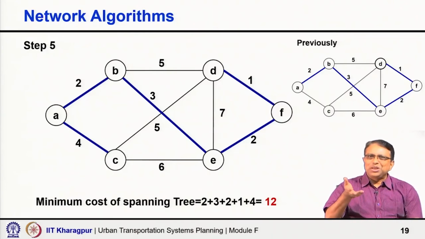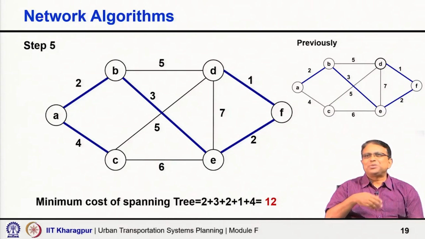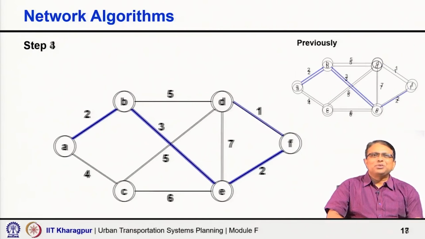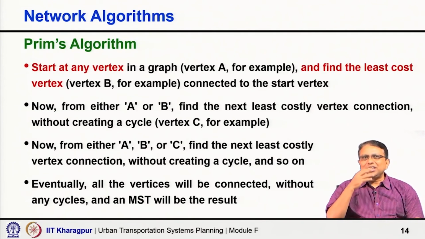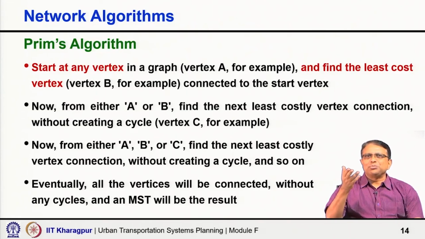So, incidentally both algorithms gave the same answer, but with two different approaches. Now, you can quickly see how I described this algorithm. We said start at any vertex on the graph and find the least cost vertex connected to the start vertex. If A is my starting point, then the least cost vertex I have discovered in that first stage is B. Then from either A or B find the next least costly vertex connection without creating a cycle.